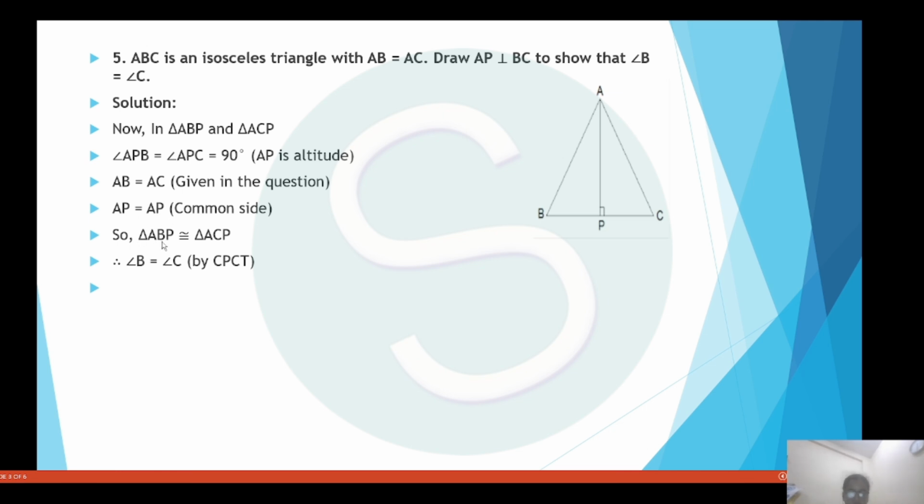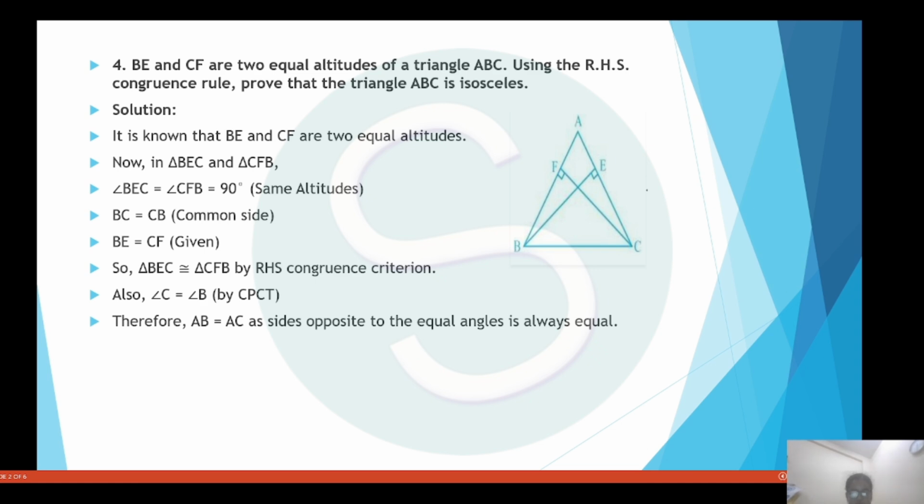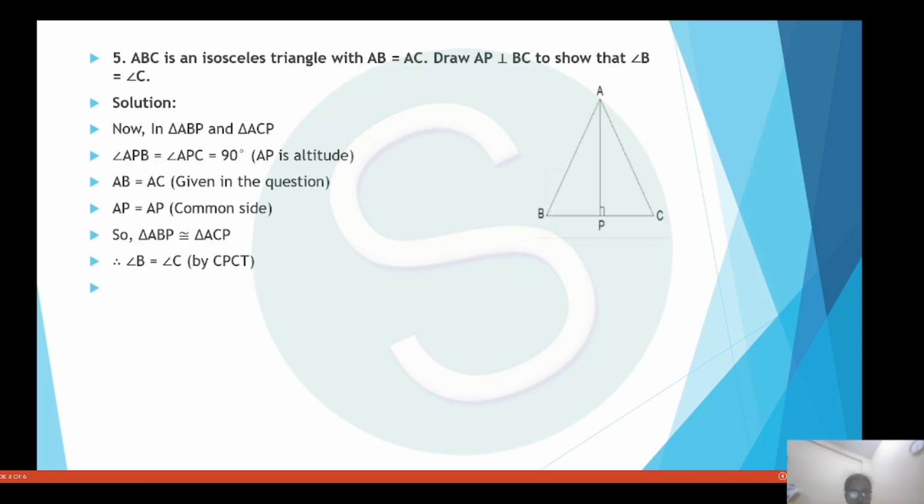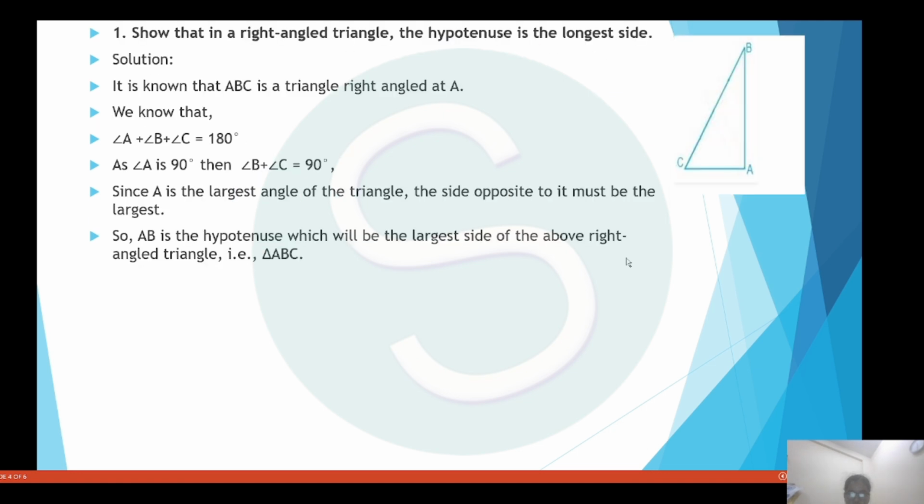Hence triangle APB is congruent to triangle ACP by RHS congruence rule. Now by CP/CT we can prove, like if these two triangles are congruent, then by CP/CT we can prove B equals to C.